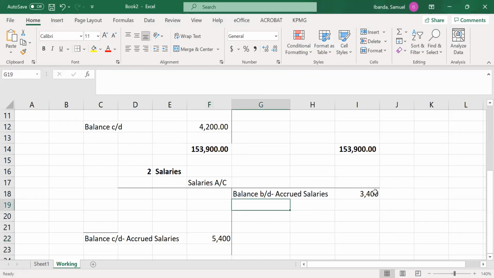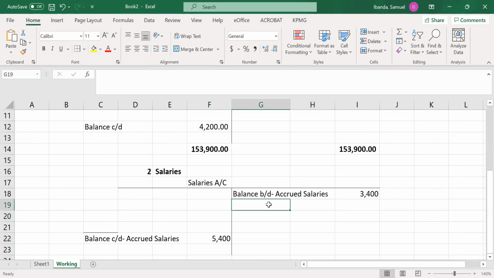So after we have 3,400 and 5,400, the next thing you're going to ask yourself is what increases and what reduces. If you've started with your accrued salaries, which are unsettled, on the opposite side, what increases the obligation of the accrued salaries and what reduces will be on this side.